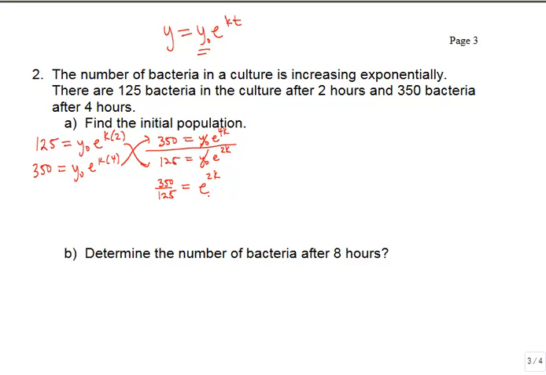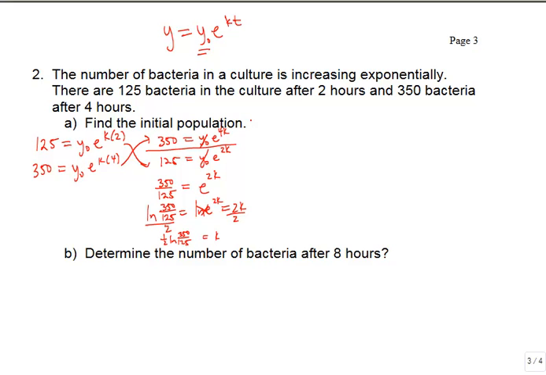How do I solve for that k? Well, I need to undo this e, and that requires an ln. So ln of 350 over 125 equals ln of e to the 2k. The ln and the e cancel out, just giving me 2k. So when I divide by 2, my k value here is 1/2 ln of 350 over 125.